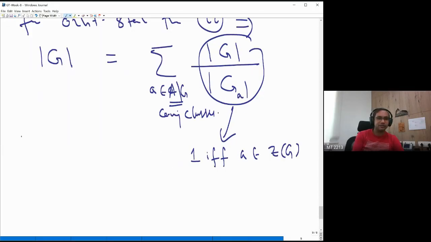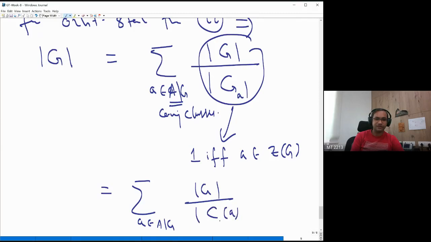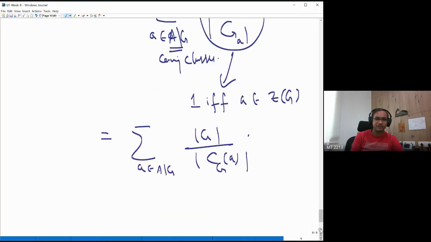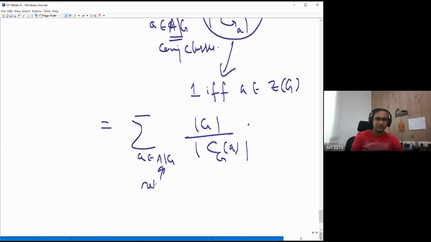So this will become equal to the summation over A in conjugacy classes, order of G by order of centralizer of A in G, where this is nothing but representatives of conjugacy classes.